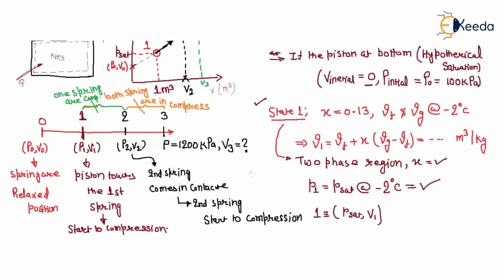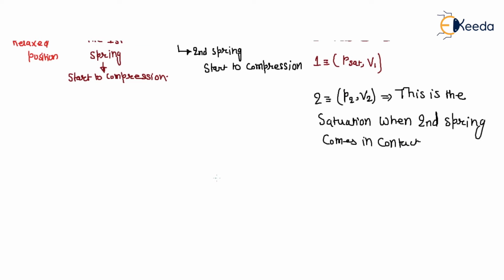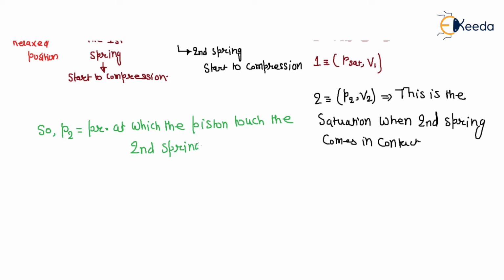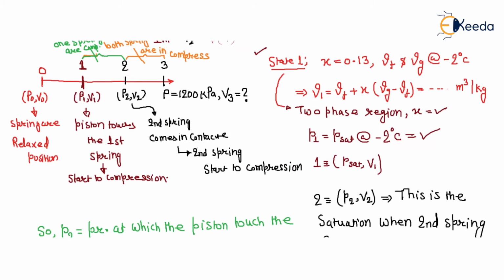right? Now, what is the situation second here? Now the pressure at which the piston touches the second spring, so P2 is what? Pressure at which the piston touches the second spring, right? This is your P2 pressure. When the second spring comes into contact, the second spring starts to compress.